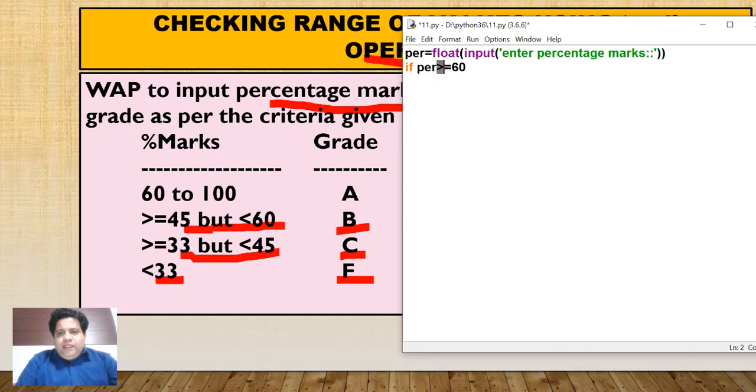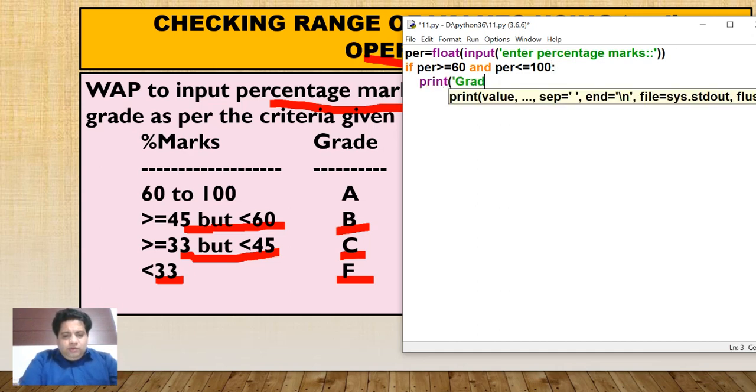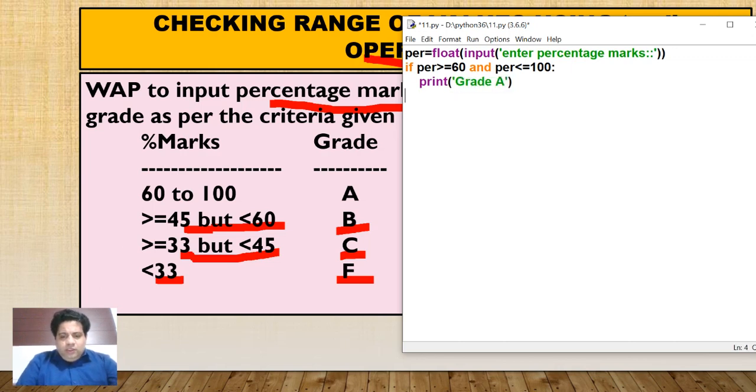Keep in mind you have to write greater than or equal to, because the lower limit also has to be checked. If you write it like per greater than or equal to 60 and less than or equal to 100, this is incorrect. Why is it incorrect? Because you have to write per again. The variable name has to be written every time, because this is condition 1 and this is condition 2. So in every condition you have to write the variable name. So: if per greater than or equal to 60 and per less than or equal to 100, print grade A. Clear?